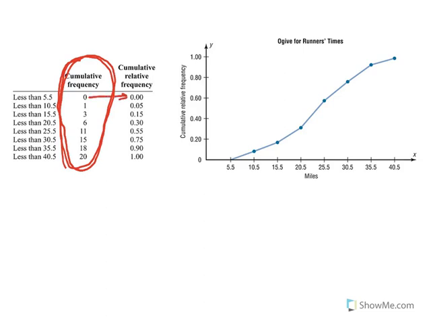So 0, it's 0. 1 out of the total values, 20, will be 0.05 or 5%. For 3, 0.15. But now remember, the cumulative frequency is getting larger and larger. So 6, it will be 0.3, 11, 0.55, 15, 18, and then at 20 you will reach 1, which is like 100%.